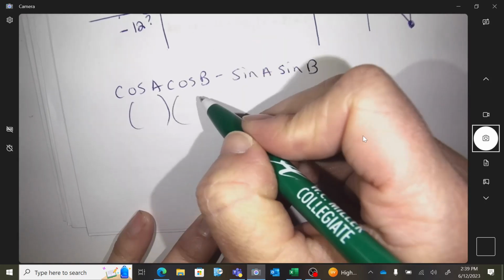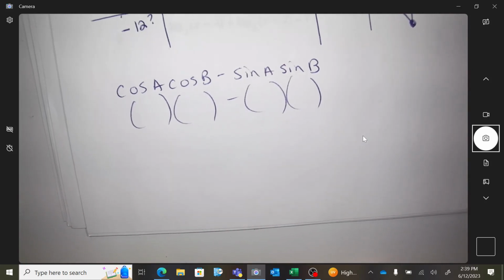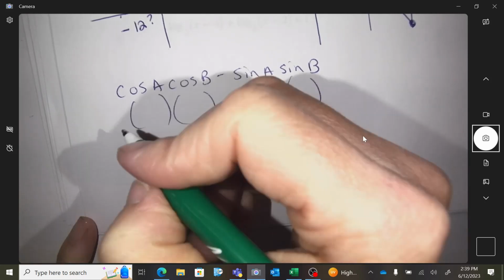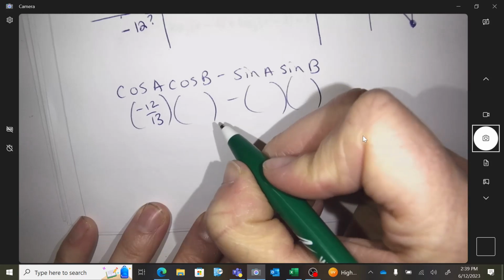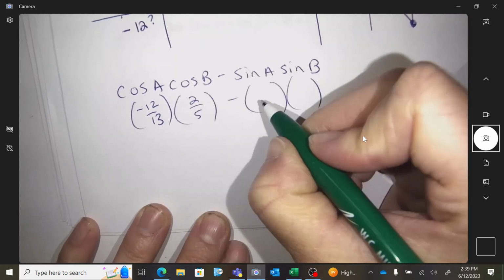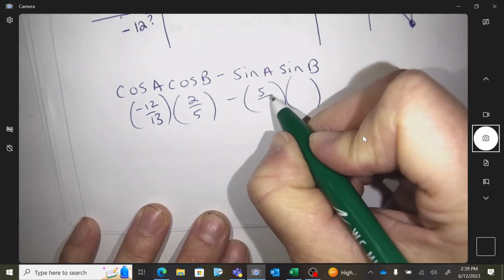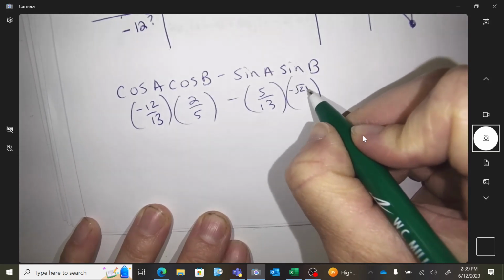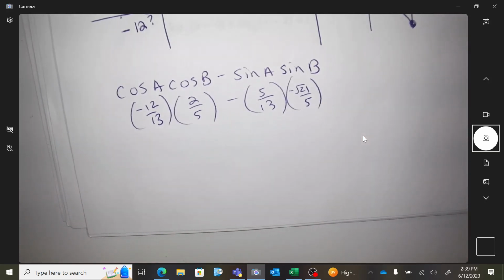I'm going to leave myself 4 brackets ready to fill in trig values. And you have them all on your paper, right? So fill in all 4 from your work.